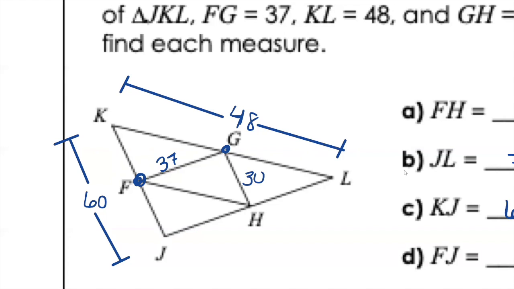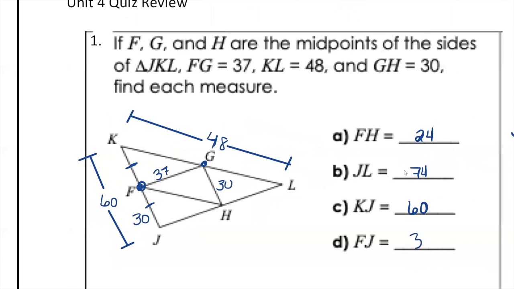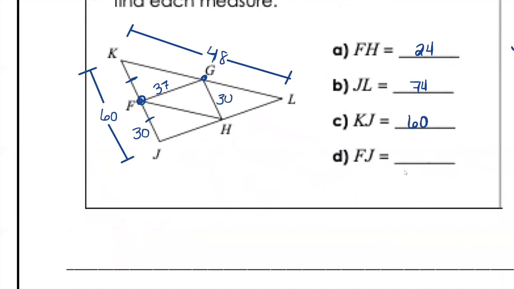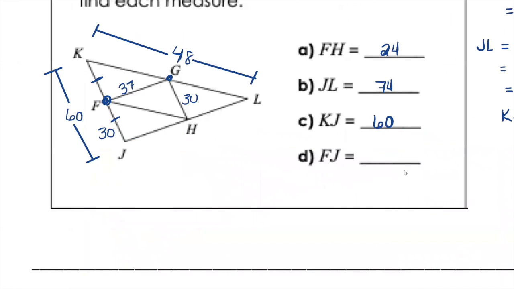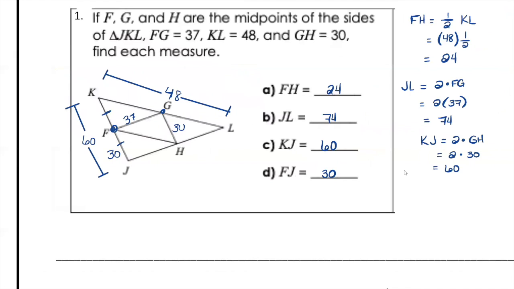So it cuts it into 2 congruent segments. So if the full length is 60, each segment measures 30. FJ equals 30.